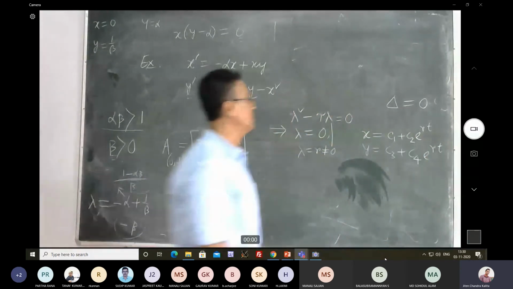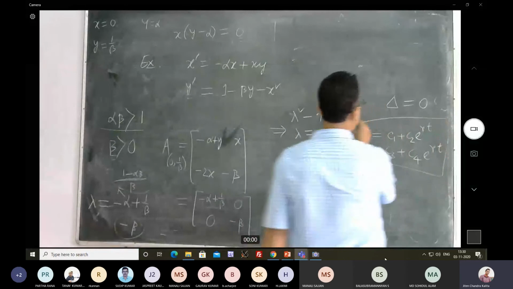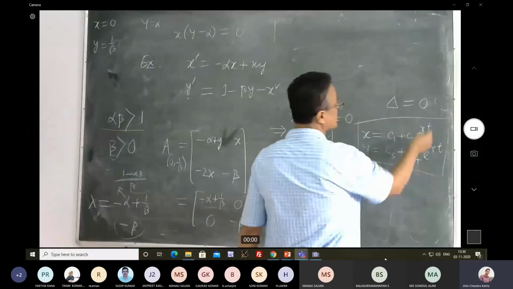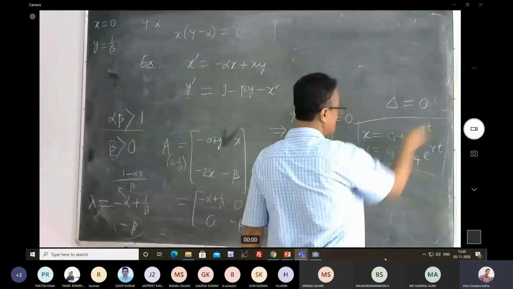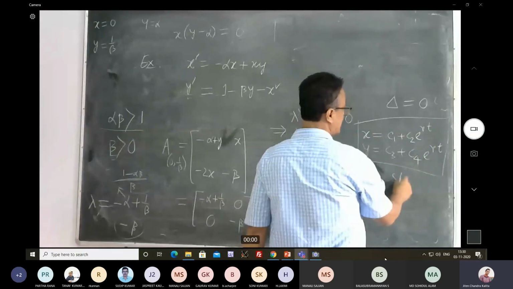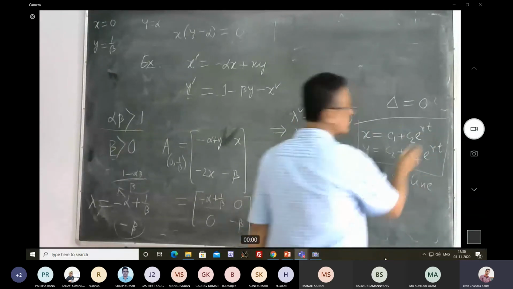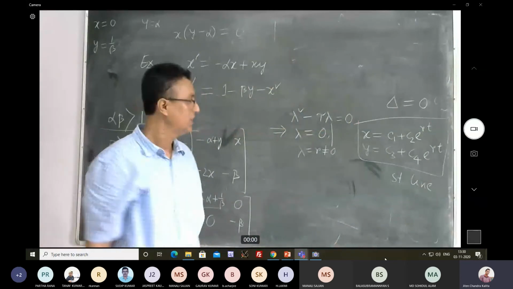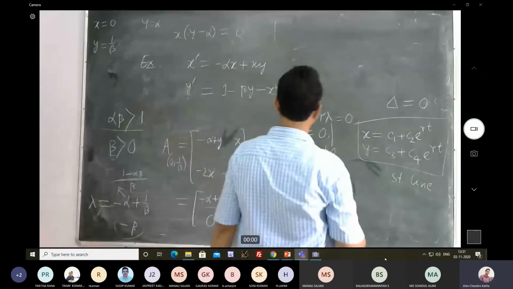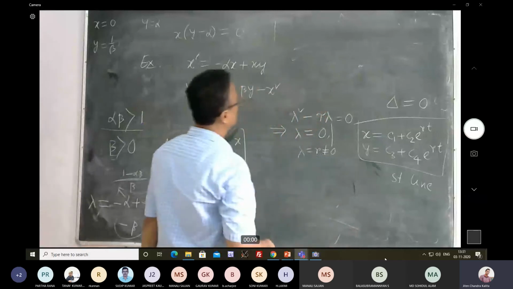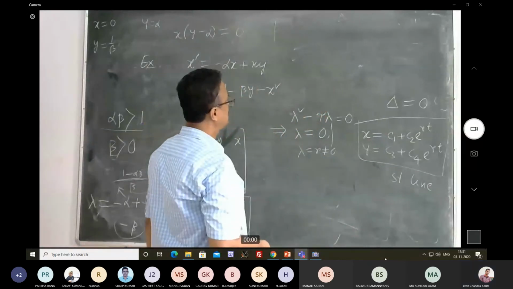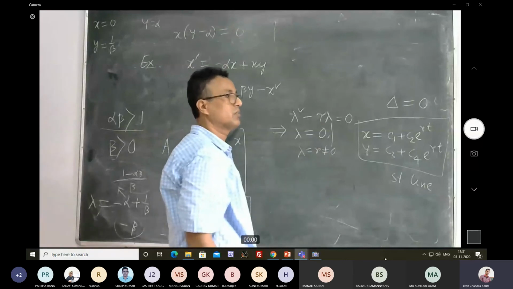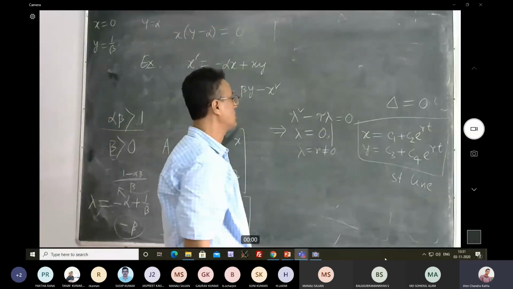Okay, so from this, what we can do? If you want to eliminate your t, this is going to give you a straight line. You can easily check. Okay, and again, what may happen? Suppose your r is also equal to 0, right?